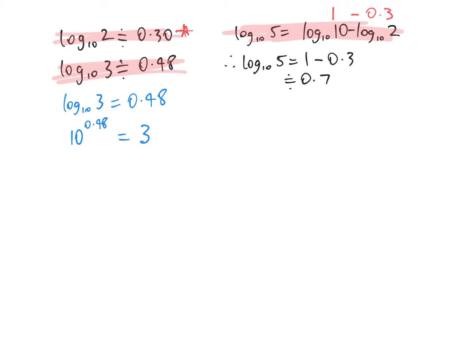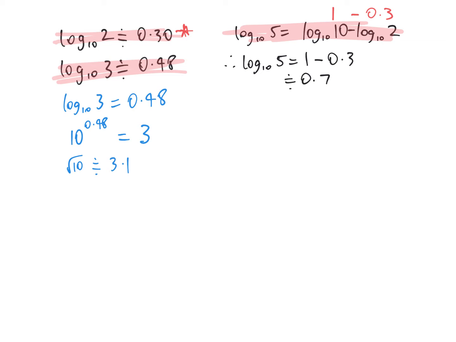Another way to look at it is to go, oh, well, if I took 10 to the power of a half, almost the square root of 10, well, that's going to be just a little bit bigger than 3, like 3.1. That's basically what we're doing there, considering that a half power is the same as a square root. So 0.48 of a power is just a little bit less than a square root, if you'd like. Doesn't help you answer that question, but it does help you kind of understand what's going on here.